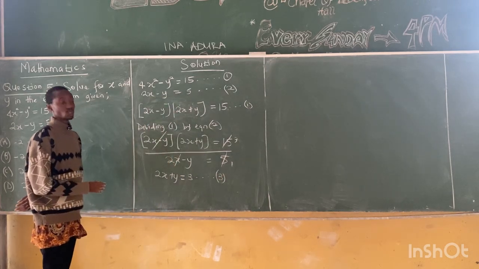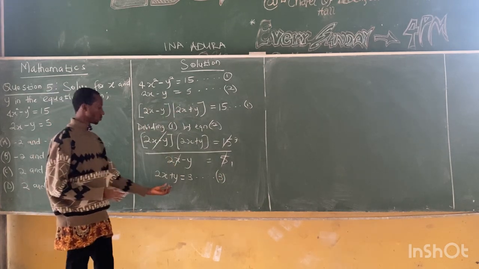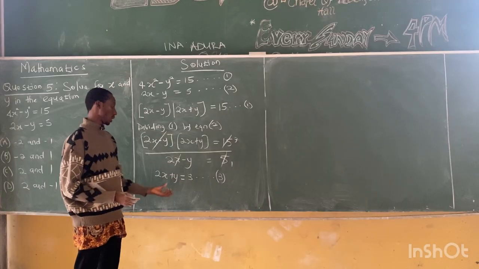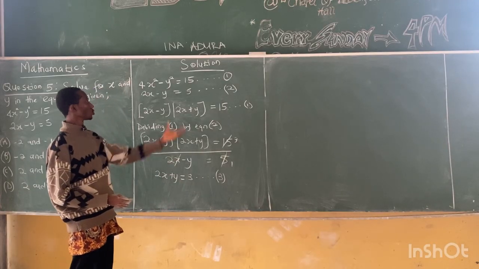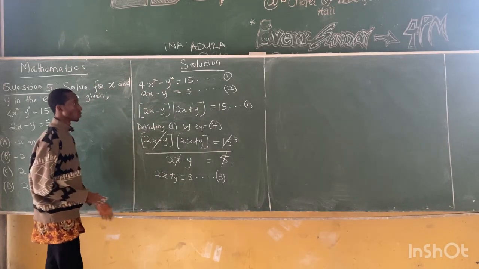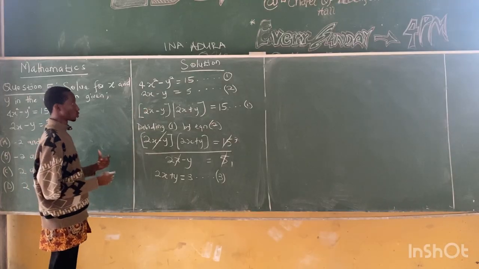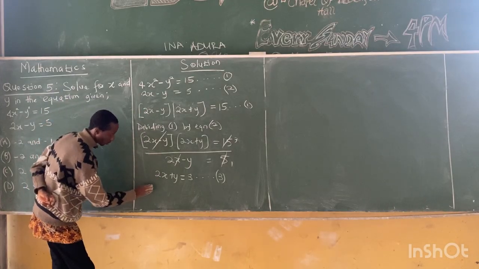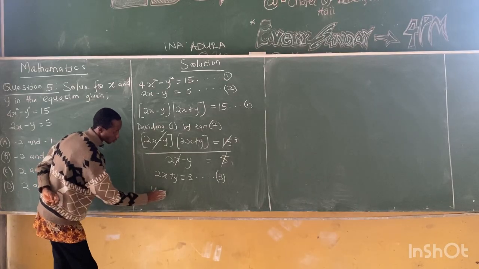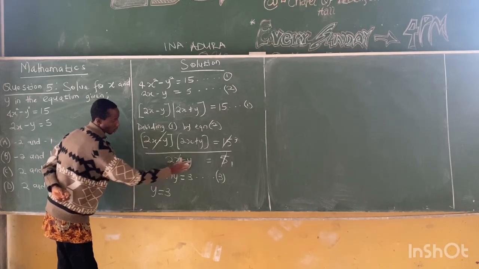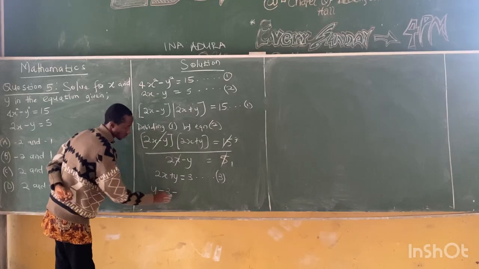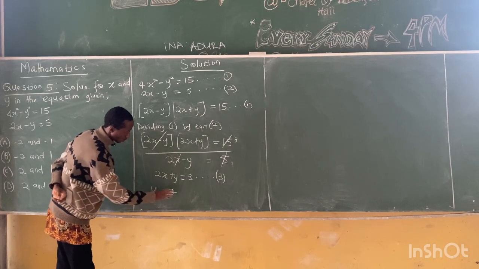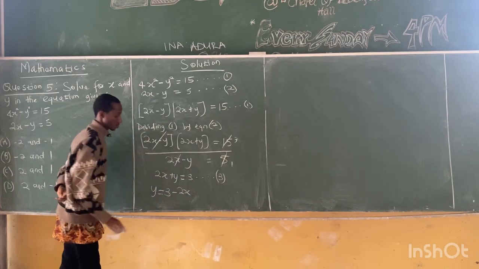Now that we have gotten equation 3, we make y the subject of formula and substitute our answer into any of these equations, preferably equation 2. If we make y the subject of formula here, we have y is equal to 3 minus 2x, as 2x crosses the equality sign to the other side.